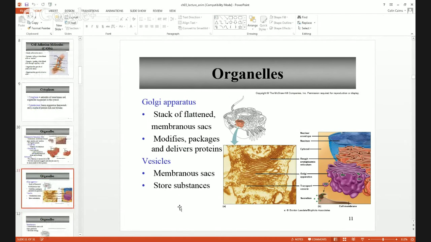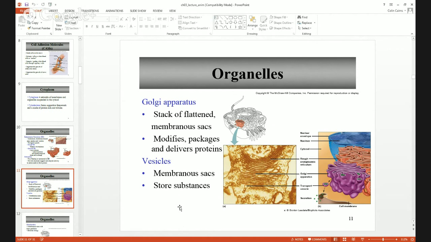Another important organelle in a cell is called the Golgi apparatus. That's a stack of flattened membranous sacs. What happens here is the ribosomes bring their proteins, and the Golgi modifies, packages, and delivers the proteins via what's known as a vesicle.